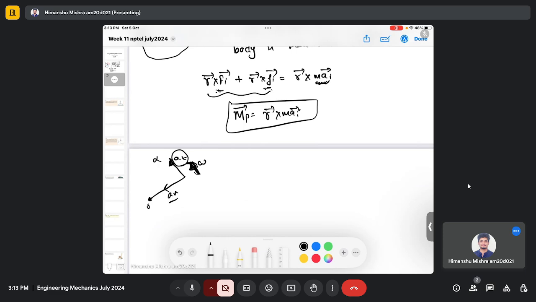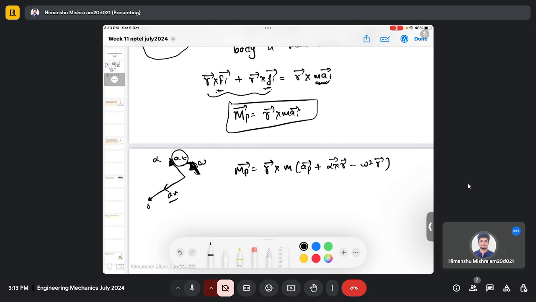So the summation of moments about point P can be written as r cross m times a_P, which is the translational acceleration, plus alpha cross r minus omega squared r.